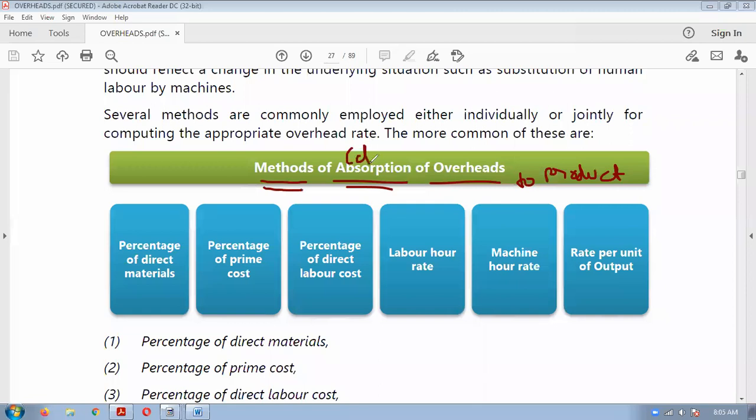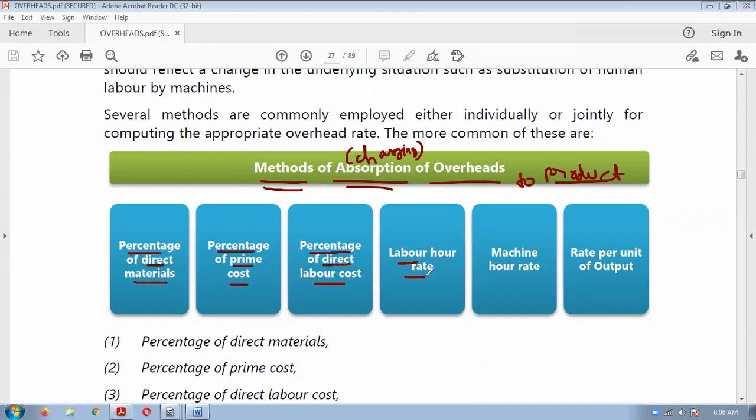Absorbing means charging overheads to products. Okay, so what are the methods? Everybody write down. First method is percentage of direct materials. Second method is percentage of prime cost. Third is percentage of direct labor.